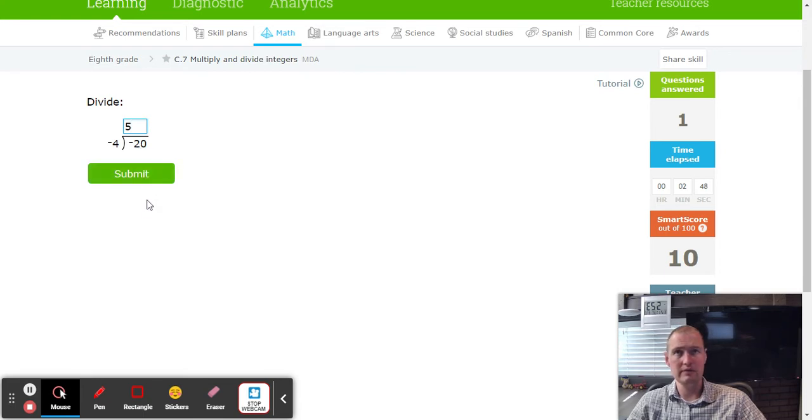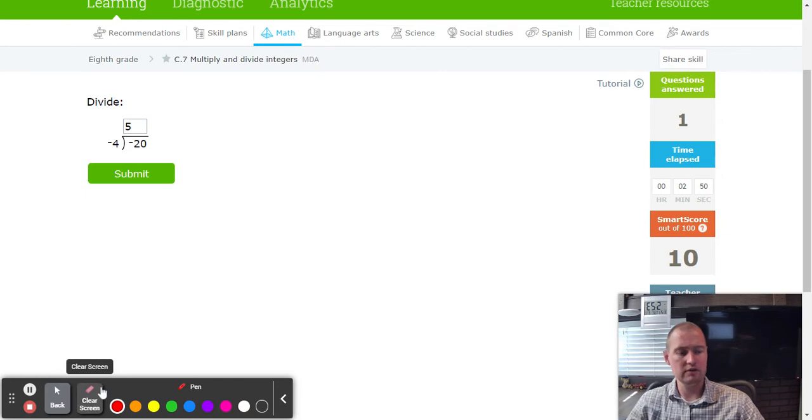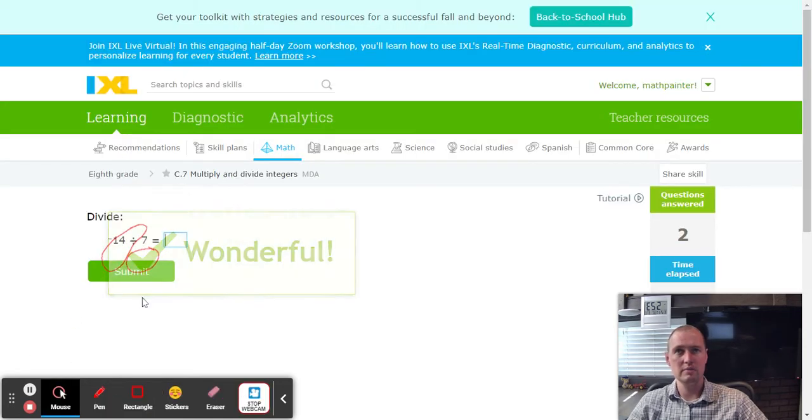So positive 5 is right. Now, how do you check it? Because division sometimes gets the best of people. The goal is when you multiply what's outside the house, in this case, negative 4 times 5, it should give you what's inside the house. So to check it, negative 4 times positive 5, is that negative 20? Well, absolutely. So we're good on that. All right, let's go ahead and move forward.